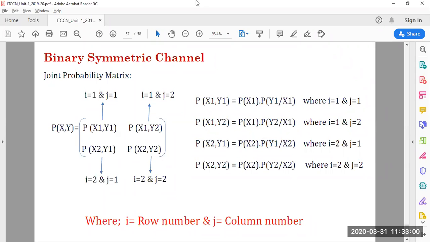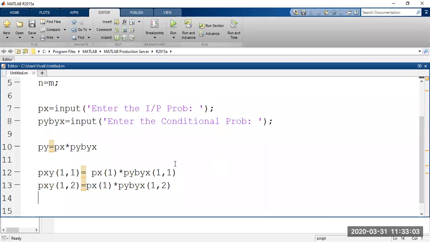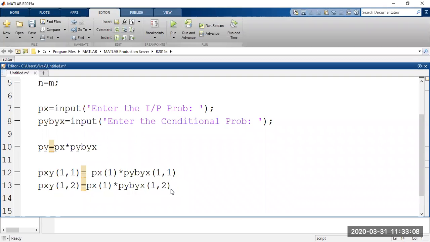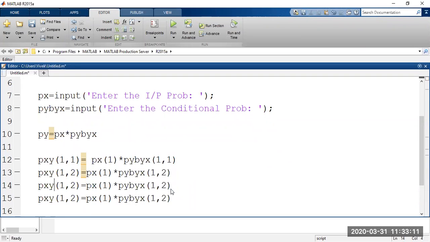So I'll just implement this in the MATLAB program. I'll just copy this whole thing because we don't have much time. So my second row first column element is calculated by P of x2 into P y by x in bracket 2 comma 1, and P of x y 2 comma 2 means P of x2 into P y by x 2 comma 2.